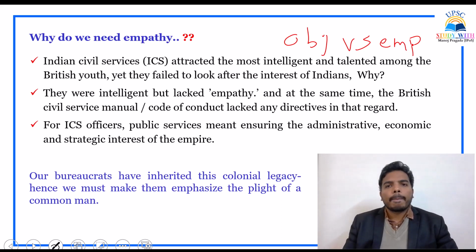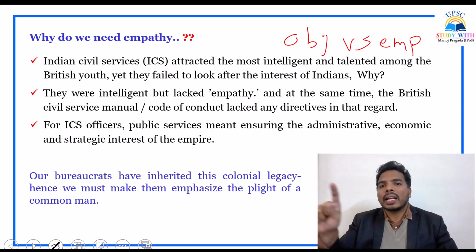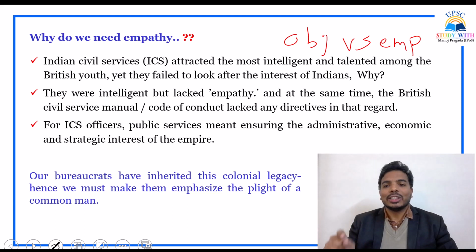Similarly, killing one terrorist might be important for the overall welfare of the society. So killing that person is justified. You are taking it from the point of view of objectivity. But if you are empathetic to that terrorist, you think, if I kill this terrorist, then what about his family?